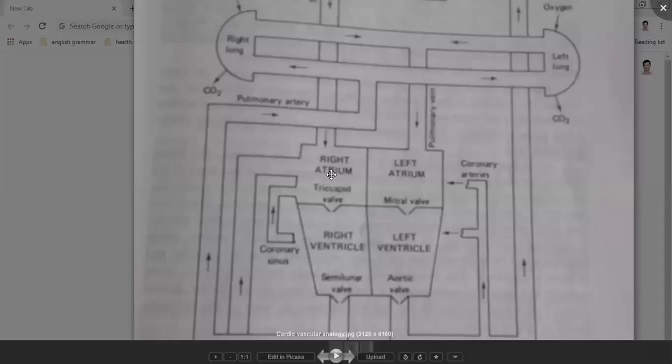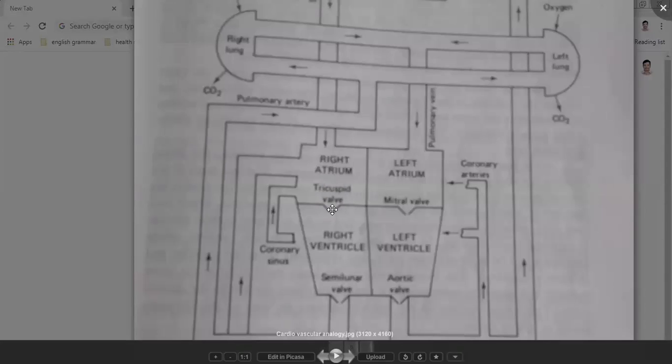When this chamber contracts, the Tricuspid Valve opens, and the blood present in this atrium fills the right ventricle.